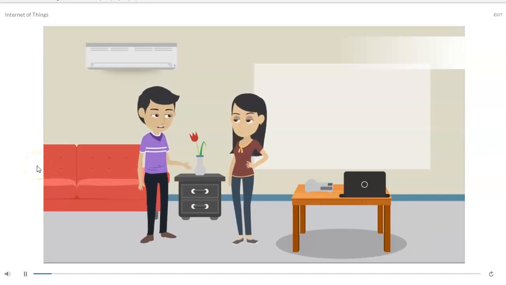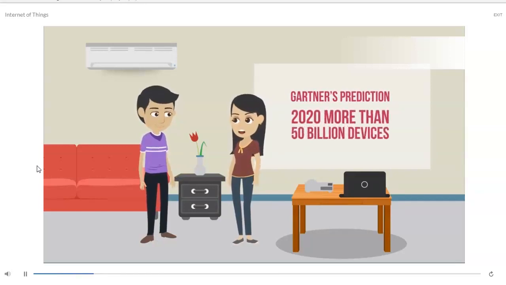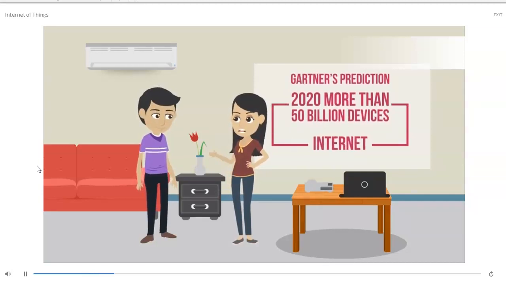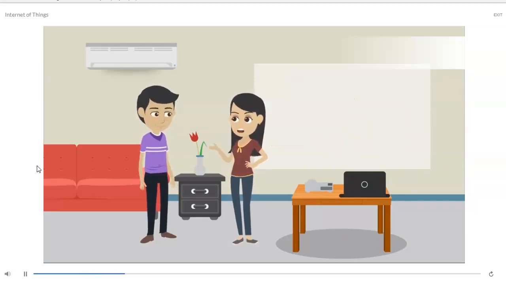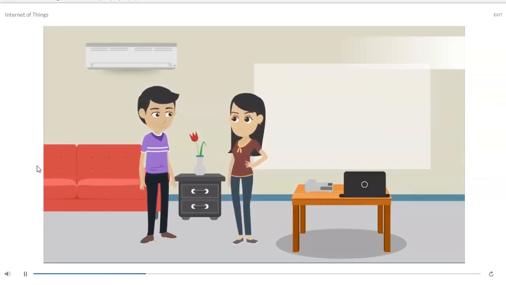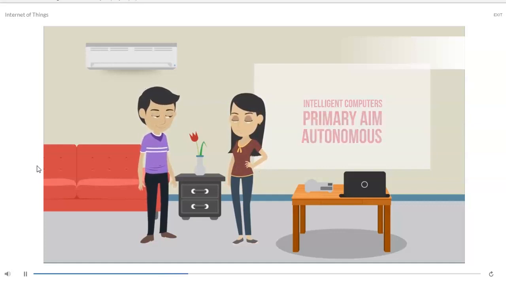So, IoT is the future, am I correct? Indeed, as per Gartner's prediction, by 2020, more than 50 billion devices are going to be connected to the Internet in one way or another. These devices have to be intelligent and self-reliant. With the help of intelligent computers embedded into devices, the primary aim is to make things autonomous.